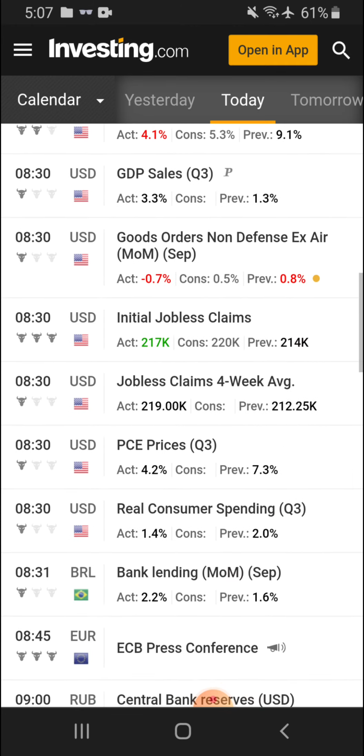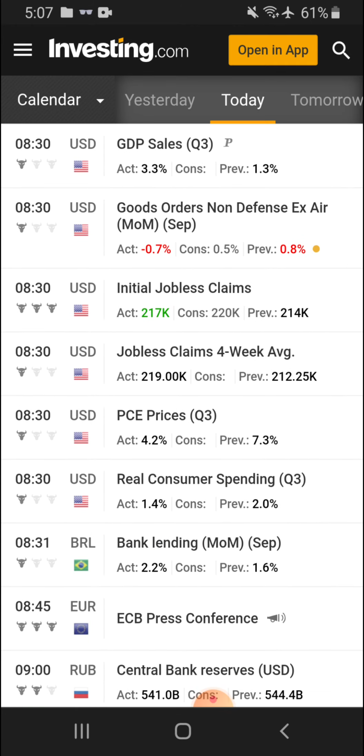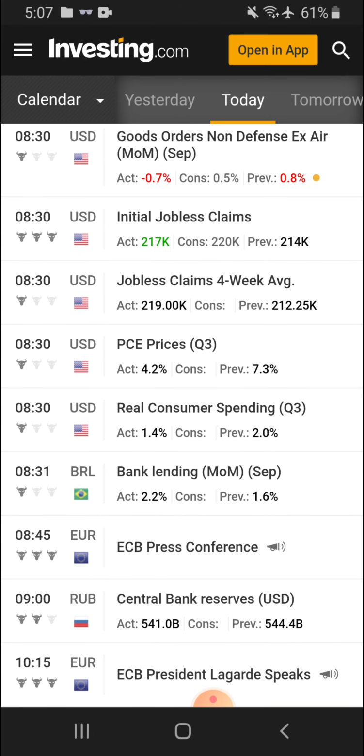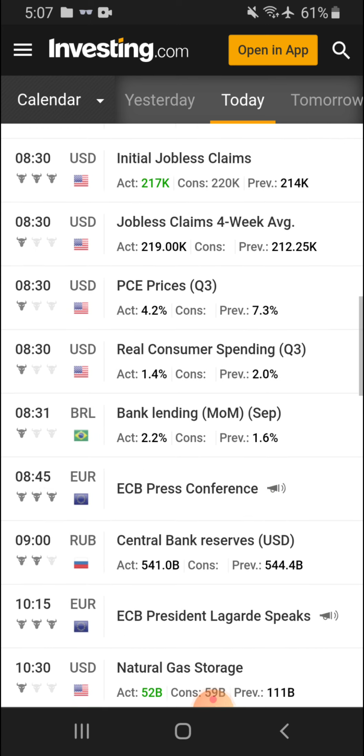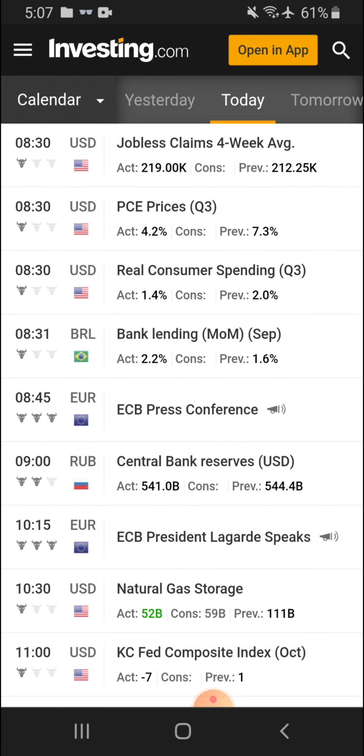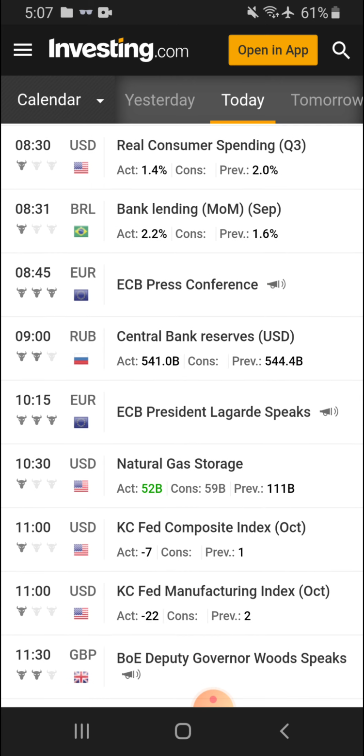Initial jobless claims were lower than expected, showing more people are working in the States, though increased slightly from the previous amount, so kind of neutral for that report. The European ECB had a press conference today.